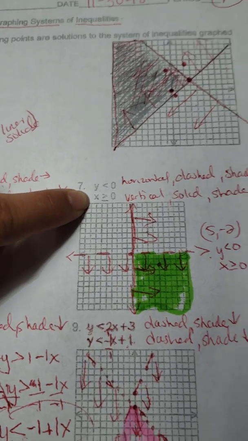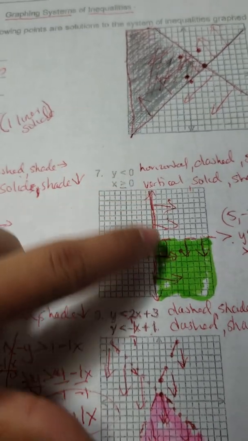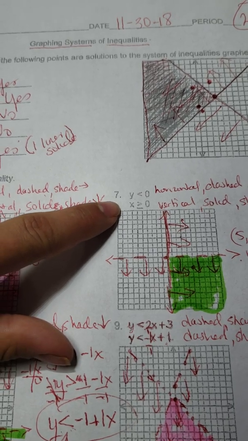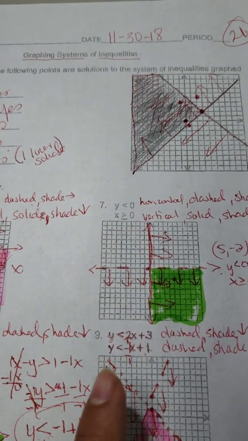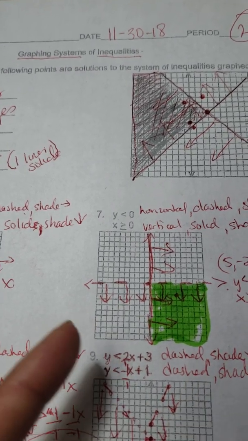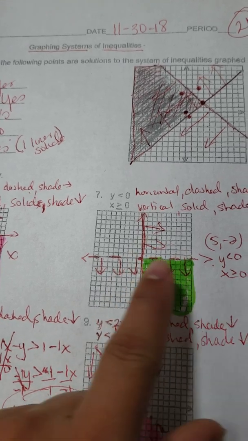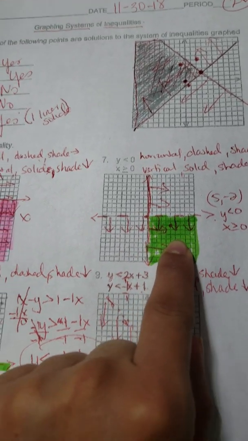Then vertical line, x is greater than 0, so goes through the 0, make a vertical line. Because it's greater than or equal to, the equal to tells us it's a solid line. And all the numbers to the right are greater than 0, so that's why we put arrows going to the right. If you notice, the arrows will overlap here, so anything here is a solution.